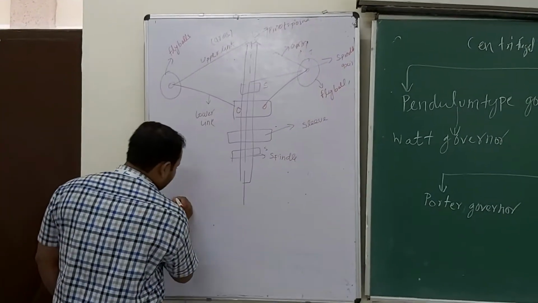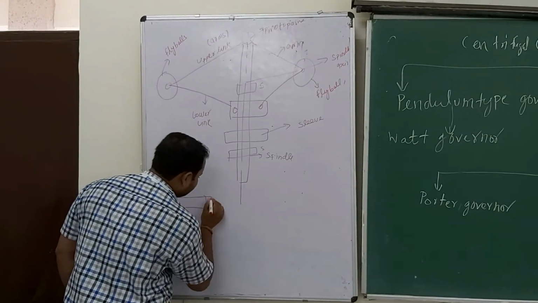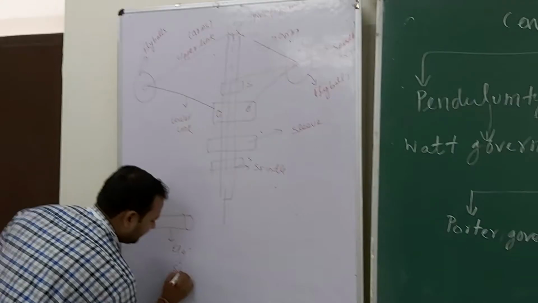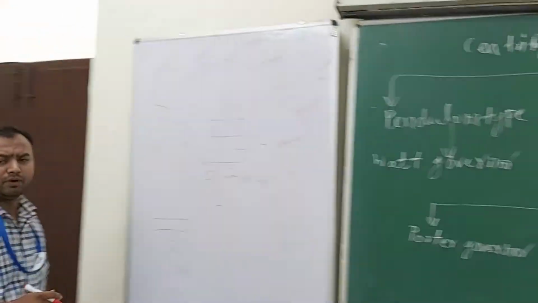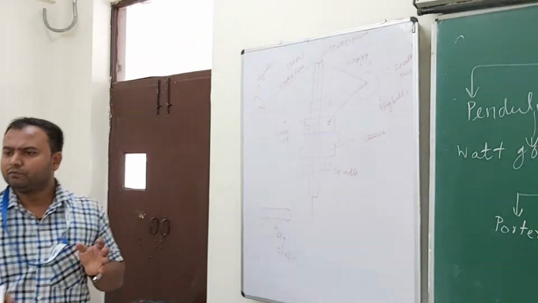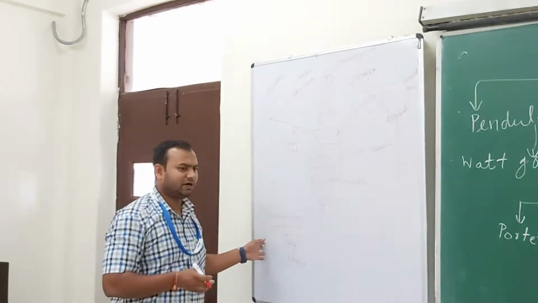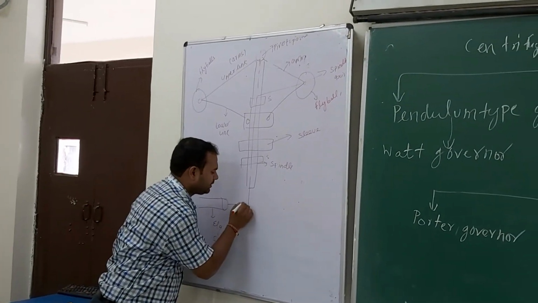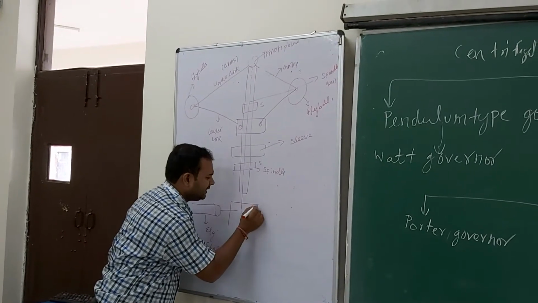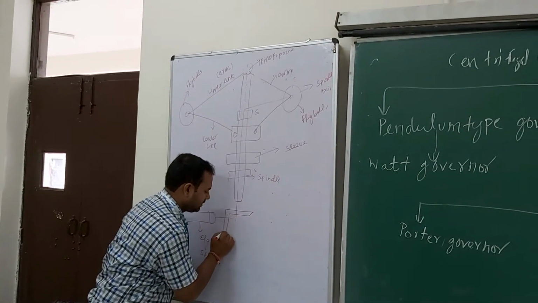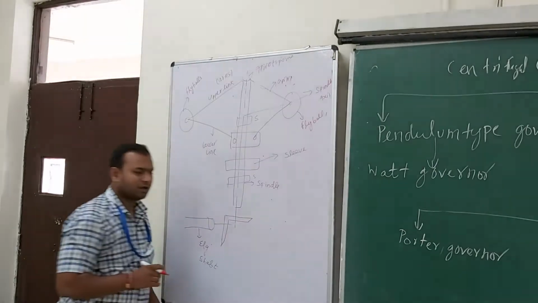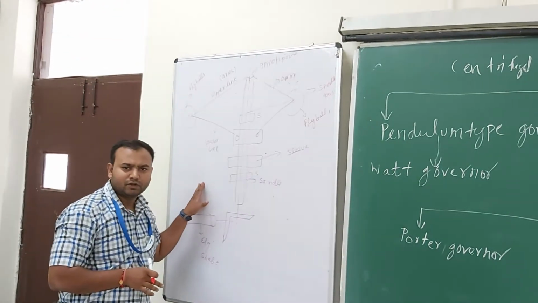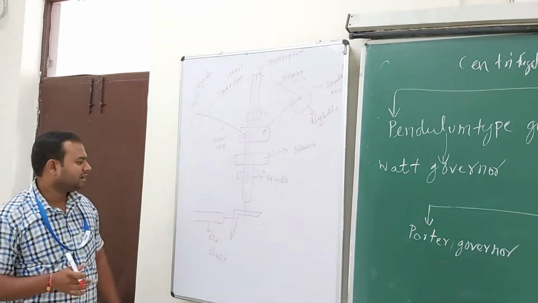Firstly, we provide power from the engine shaft. This is the engine shaft. Everybody knows about the transmission system, how the power is transmitted from the engine to the engine shaft. And this engine shaft is connected with a bevel gear arrangement. Why do we use a bevel gear? A bevel gear transmits the power at a right angle.